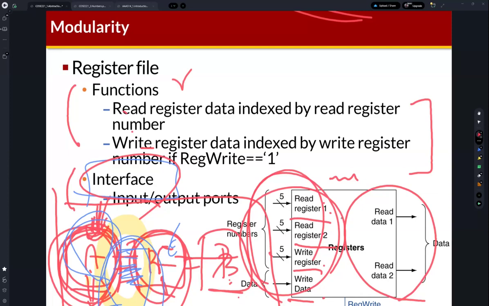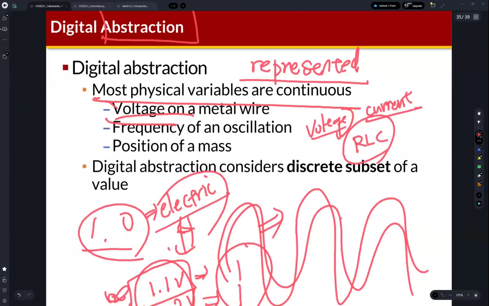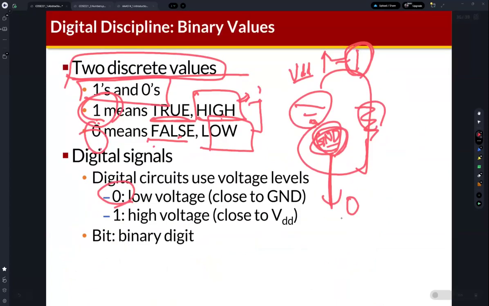So this is the modular design. And then regularity, which you can understand as copy and paste, right? You can just copy the same module to another space. So this is how we can design complex systems.